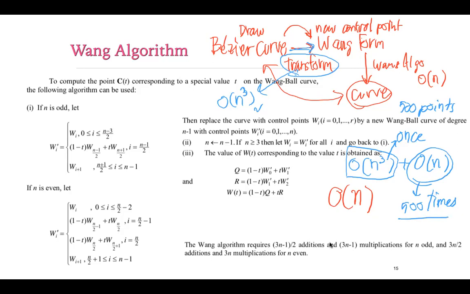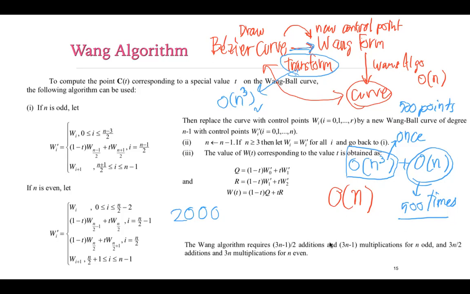So in the year 2000, my publication with my advisor when I was doing my PhD was published, right? We suggest the way to draw the Bezier curve by converting from Bezier curve into Wang-Ball curve, or Wang-Ball form, right?